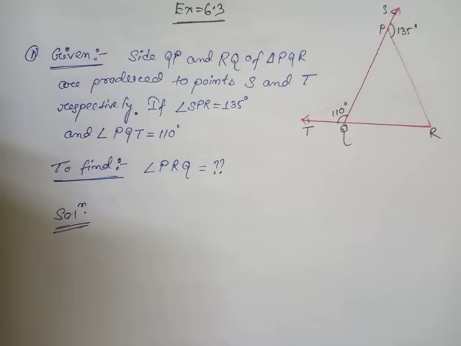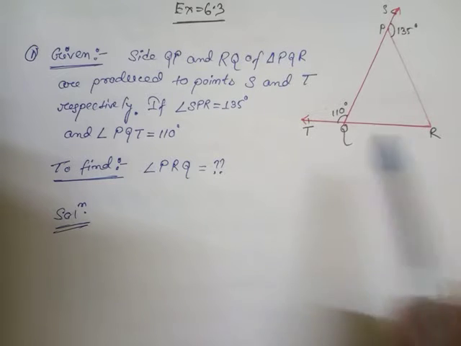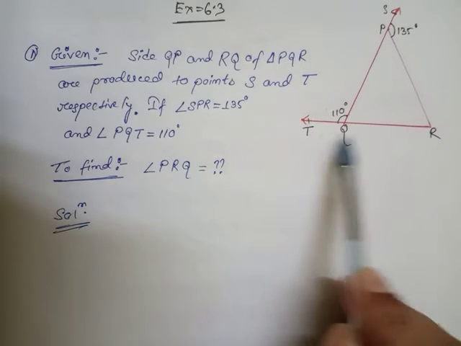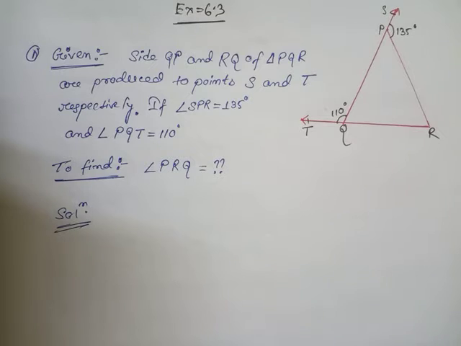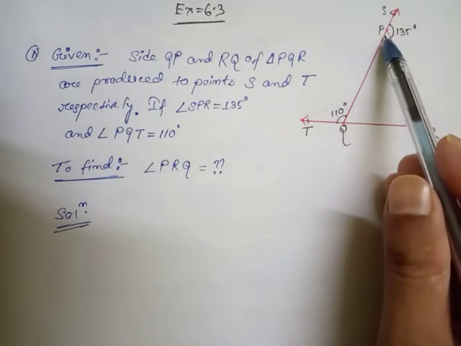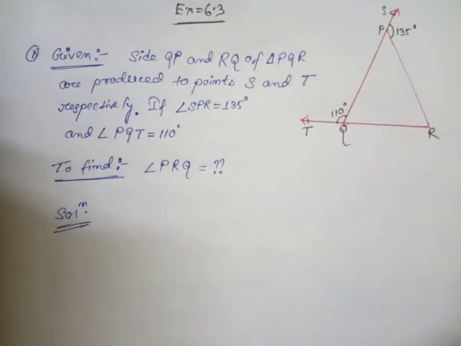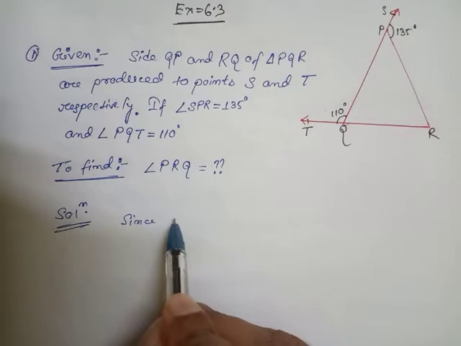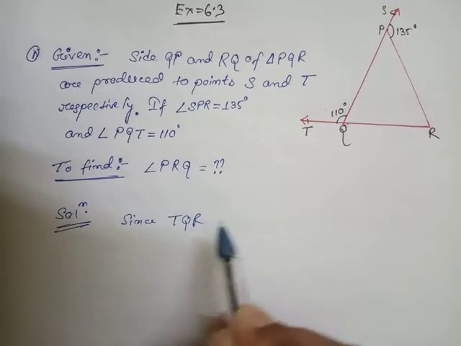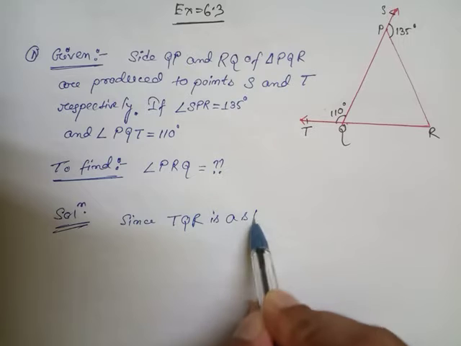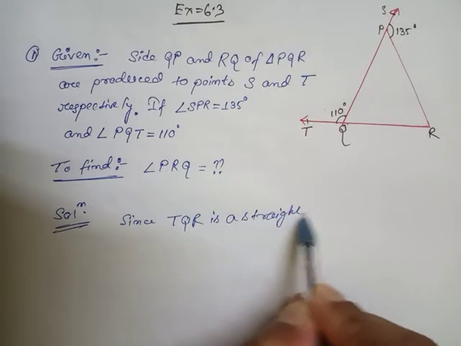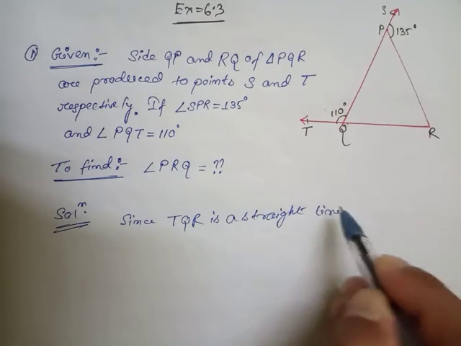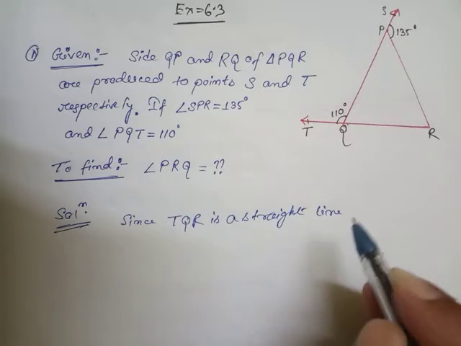Look student, first of all, TQR is a straight line. If TQR is a straight line, then angles TQP and PQR are a linear pair. So here I can write that since TQR is a straight line, now look after that student.